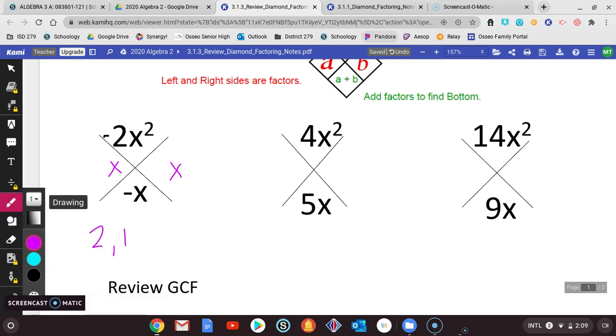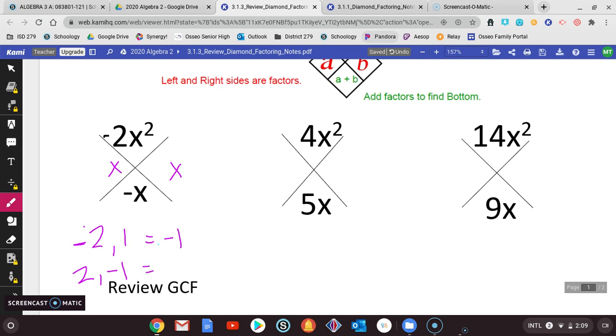So when that is a negative, that means the 2 is negative, or that means the 1 is negative. So you add to a negative 1 or you add to a positive 1. Well, we want a negative 1, so that means this is negative 2, and that's 1.